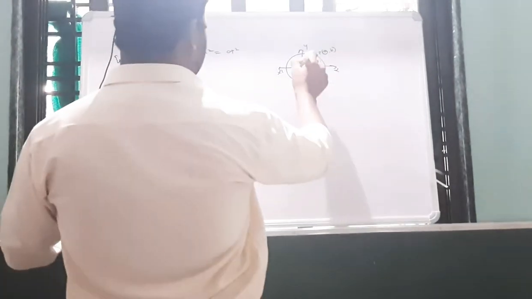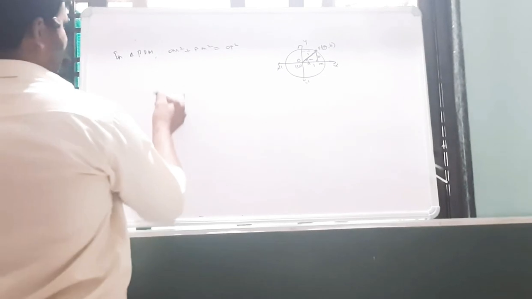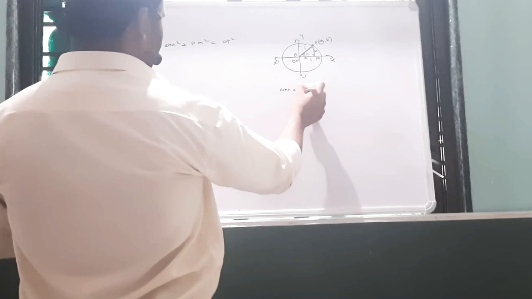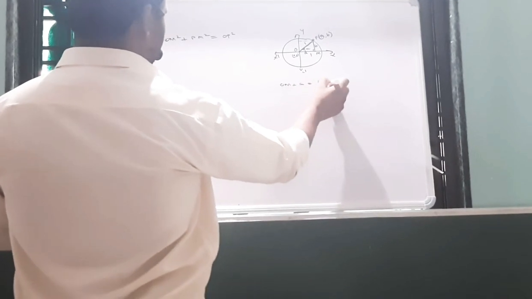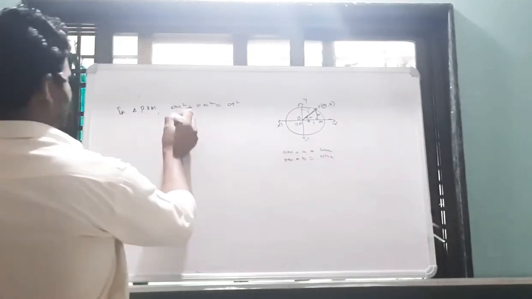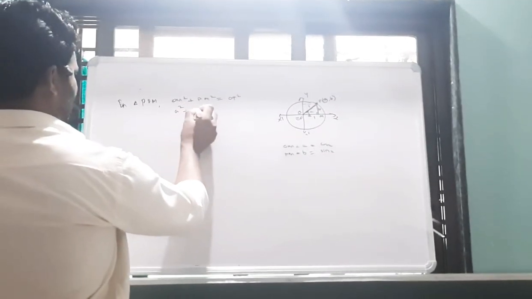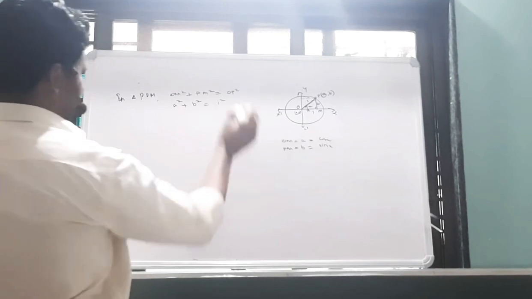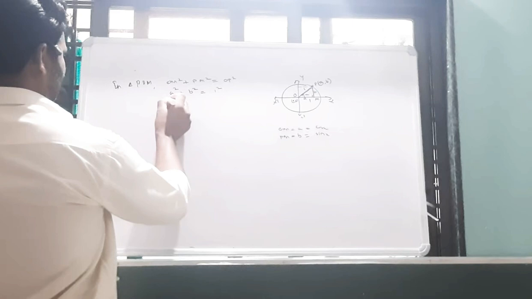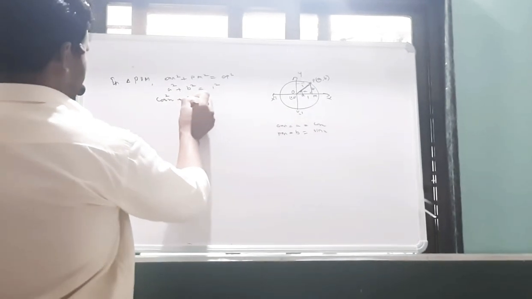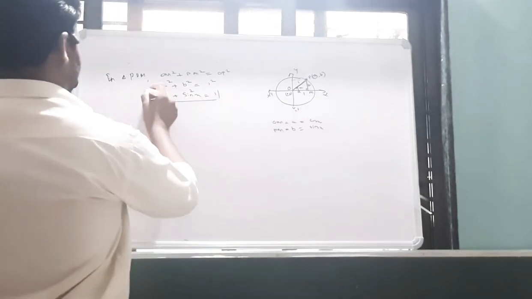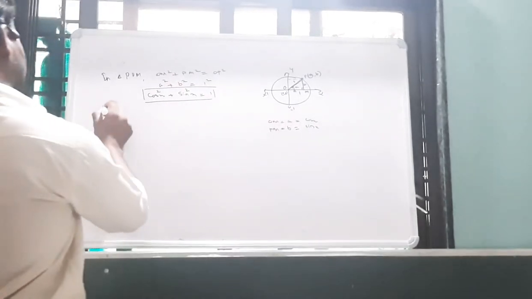OM is equal to A, which is cos x, and PM is B, which is sin x. So A square plus B square is equal to 1 square. So cos square x plus sin square x is equal to 1.